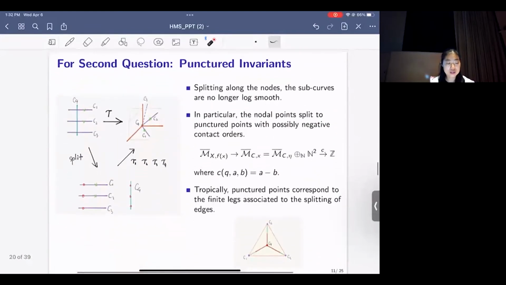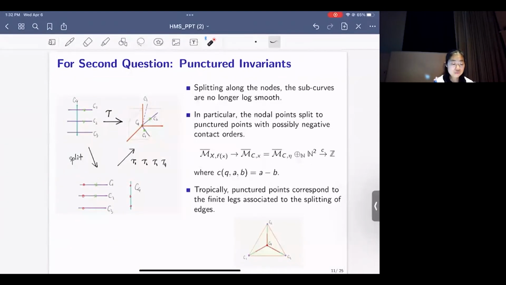Yeah, so now I am going to tell you something about the second question, where finally we are going to do the splitting. We are going to consider how we get the invariant on the central fiber from the invariant on each component.